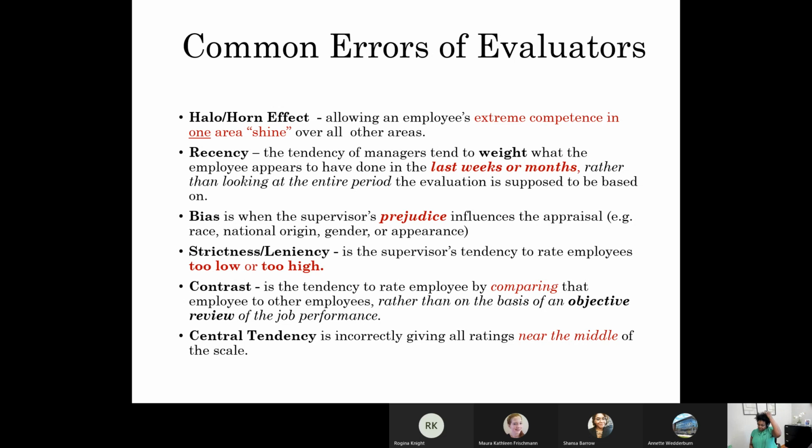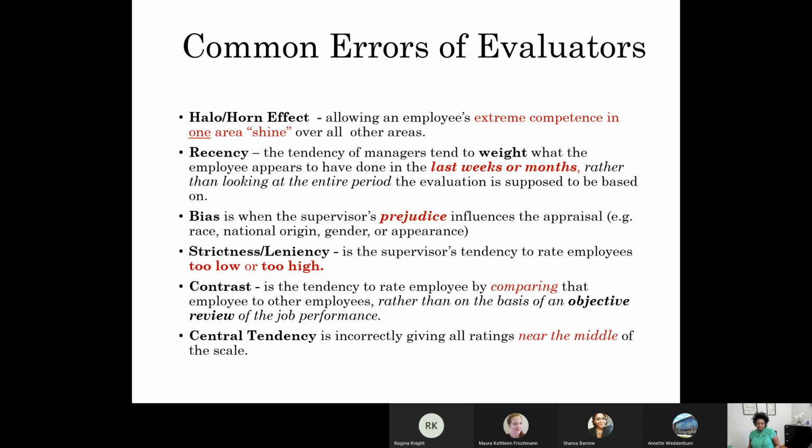So if they're extremely competent in one area and you're happy with them because that area might be a very high priority, you allow that to affect your assessment of performance in areas that they're not as strong. So we want to make sure that it's balanced. Okay, spread out the assessment, not just focusing on extreme competence in only one area. It shouldn't shine over all the other areas.